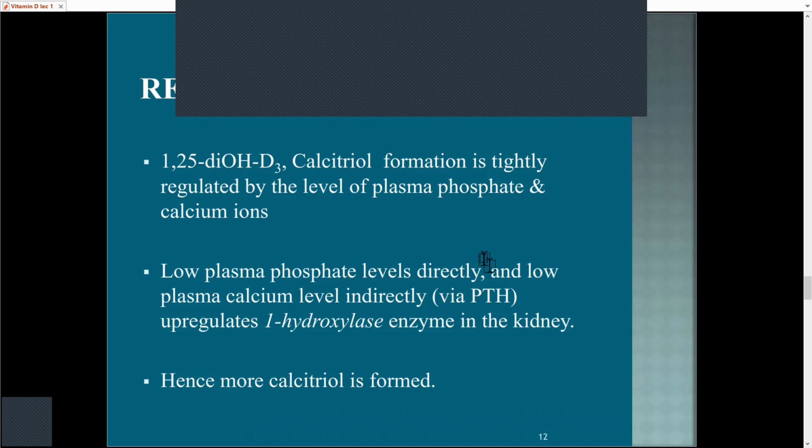Low plasma calcium levels act indirectly by triggering the release of parathormone, or parathyroid hormone, or PTH, which then upregulates the same 1-hydroxylase enzyme in the kidneys. The result is that more active calcitriol is produced to restore calcium and phosphate balance.